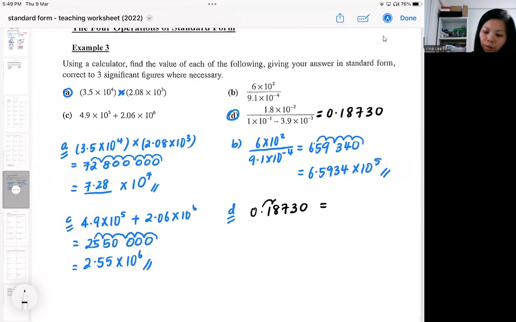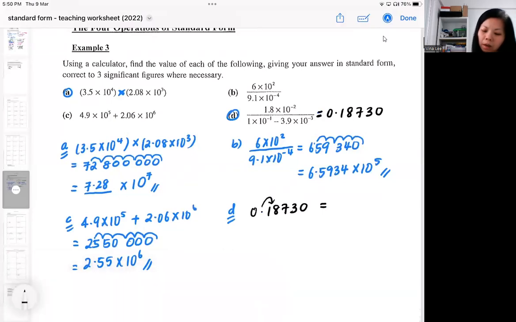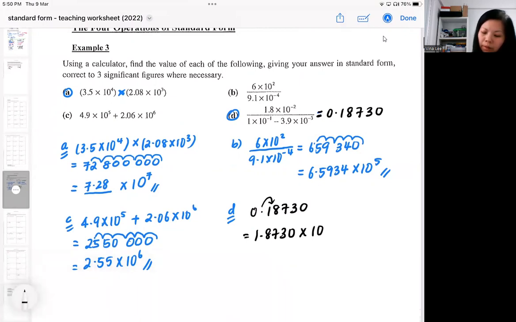Then you jump forward 5 places. Oh, sorry. Here, I don't need to jump forward 5 places. I just need to jump 1 space. I will get 1.8730. So I just need to jump 1 space, and I have a standard form already. So I jump forward, the power will be -1.